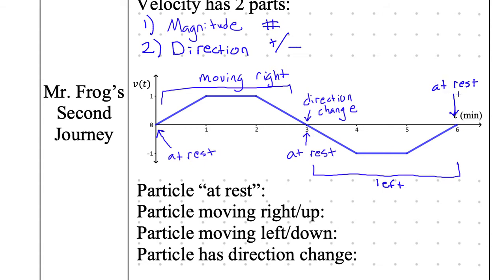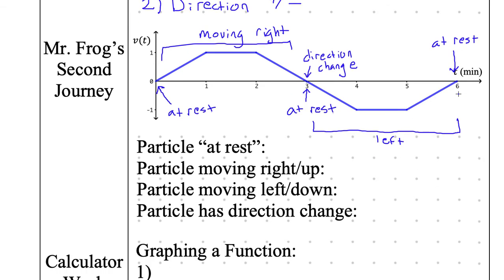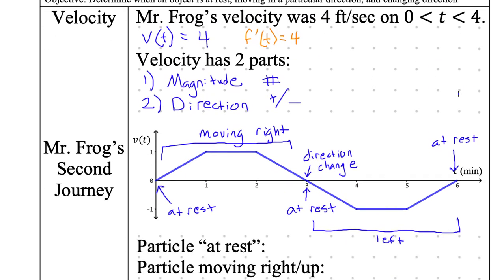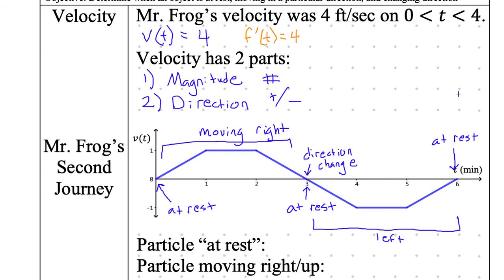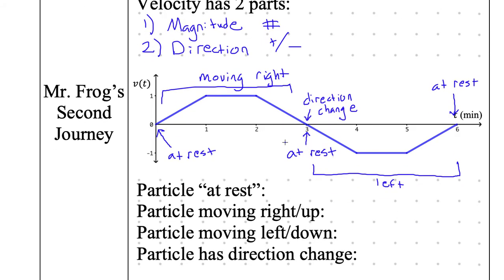And he has stopped moving. Okay, so a particle at rest. What is the mathematical definition? You want to be thinking about this in terms of your f primes. Is it greater than 0, equal to 0, or at 0? So particle at rest is where v of t, well, what is it? It's at 0. Equal to 0, perfect.